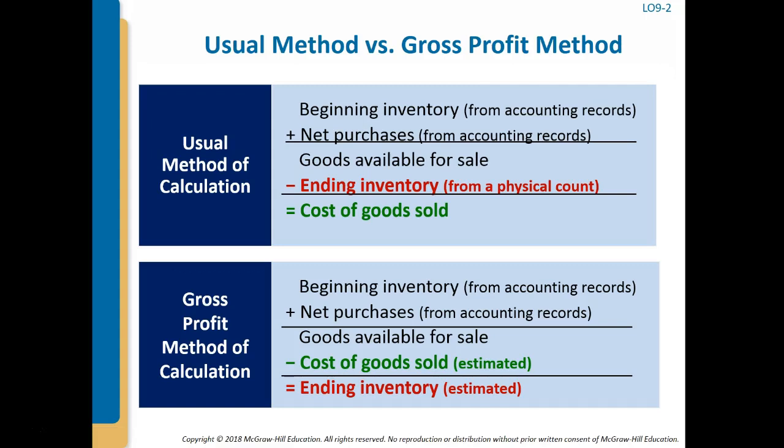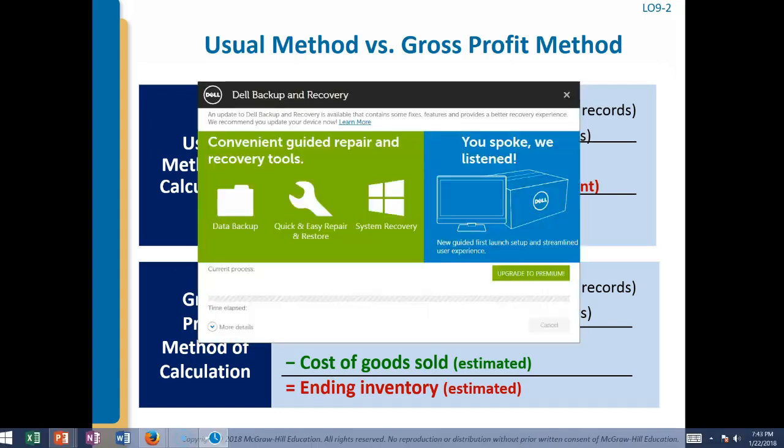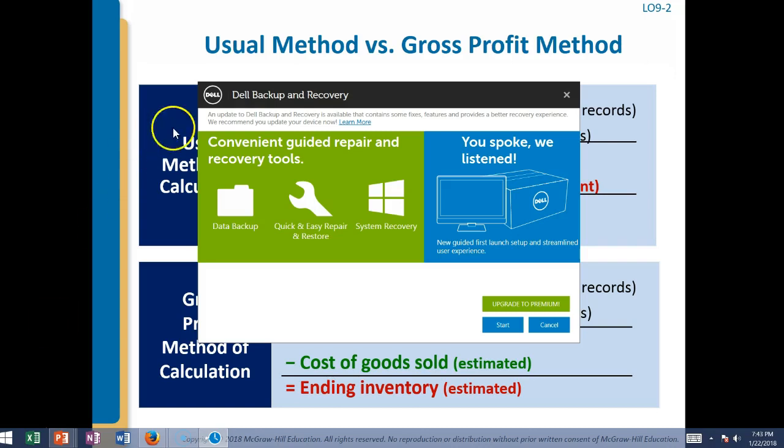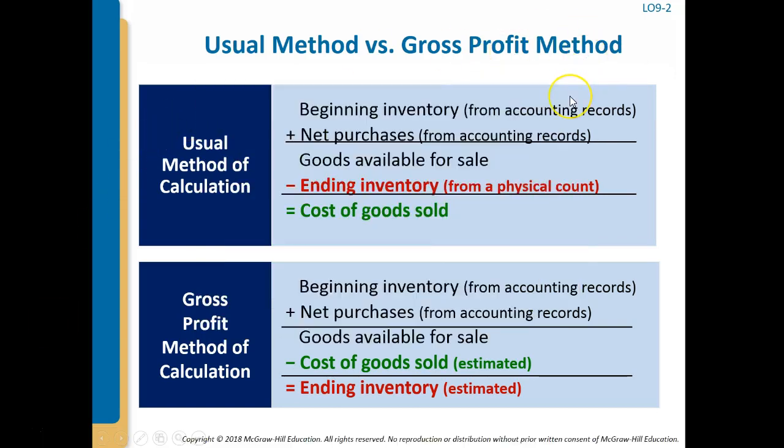This estimate relies on the historical relationship among net sales, cost of goods sold, and gross profit. Gross profit is simply net sales minus cost of goods sold.